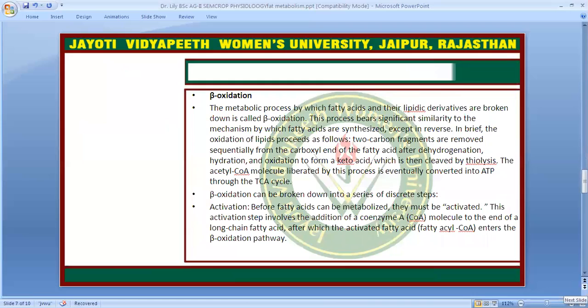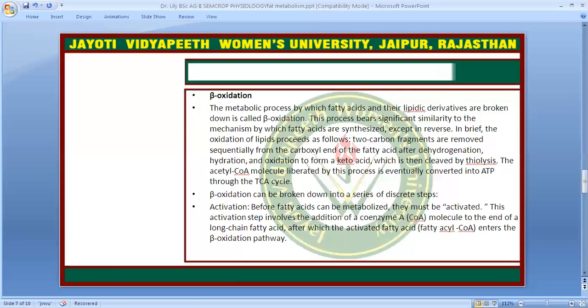Now let's study beta oxidation in more detail. This is a metabolic process by which fat and lipid derivatives are broken down. This process bears significant similarity to the mechanism by which fatty acids are synthesized. Now it is a reverse type. So oxidation of lipid proceeds as follows.